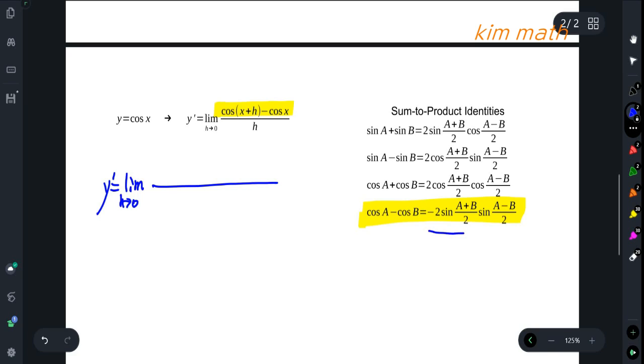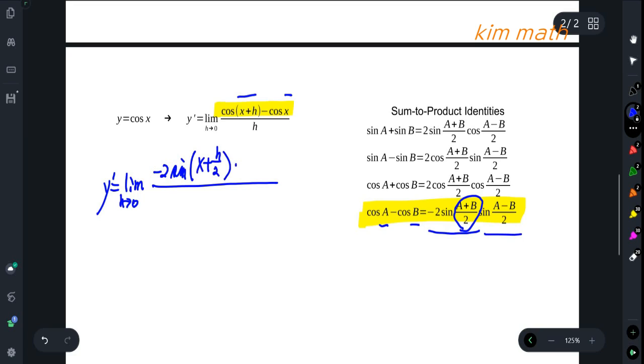Now the result is here, negative twice sine. What is the meaning of this one? Add two angles, then divide by 2. So if you add these two angles, then divide by 2, then you have x plus h over 2, right?